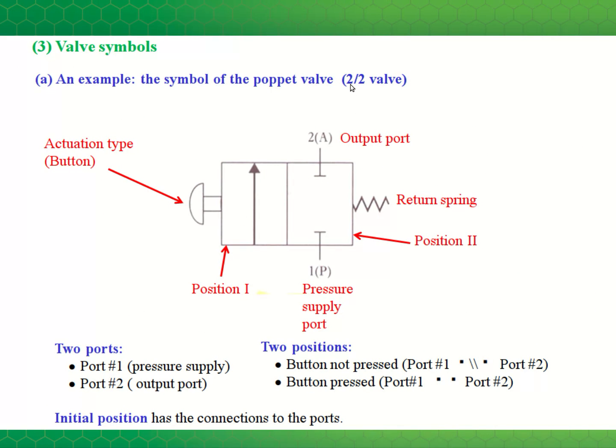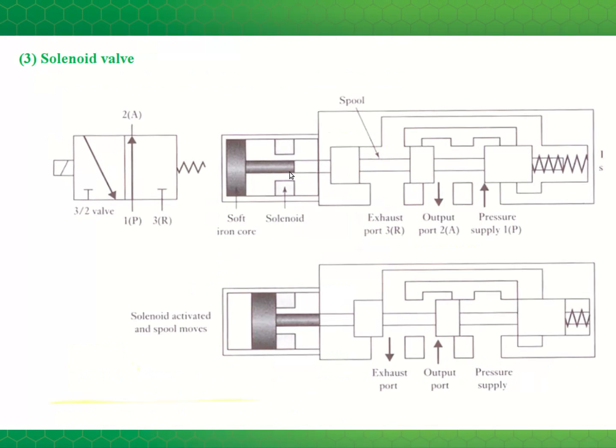This is referred to as a 2-2 valve. 2 ports and 2 positions. So here's an example of a 3-2 valve. This has 3 ports. So the ports are only drawn in one of the, or connecting to one of the boxes. So 3 ports and 2 positions. There are 2 boxes.